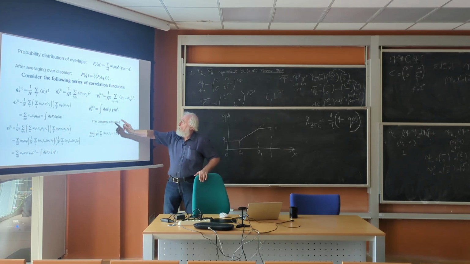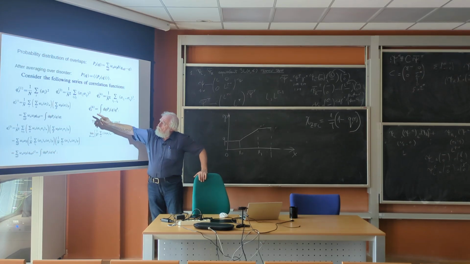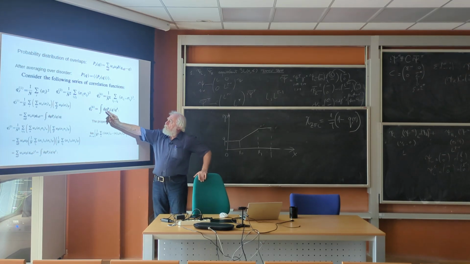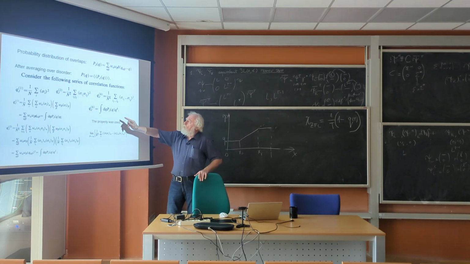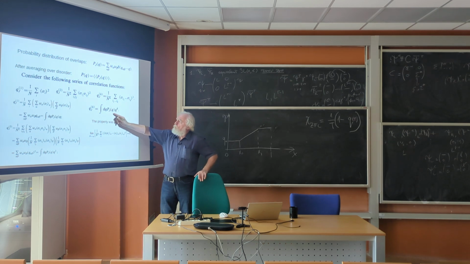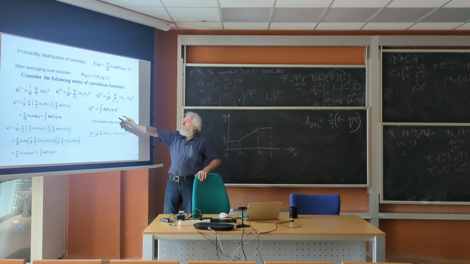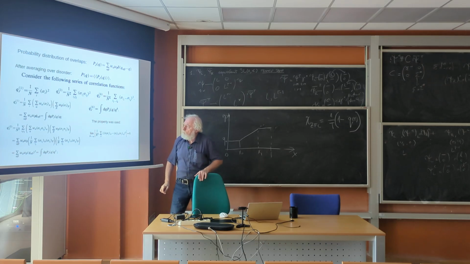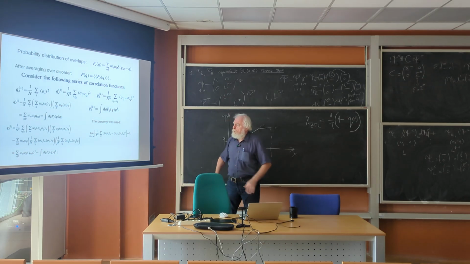This correlation function is an integral over Q with probability distribution at a given J, P of Q, with Q in some function. Good.